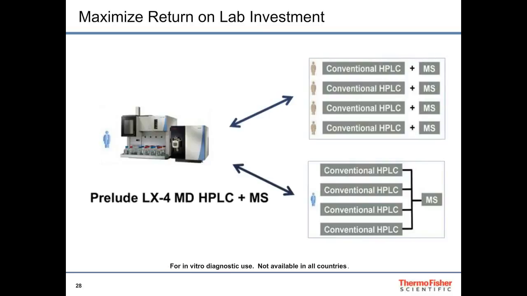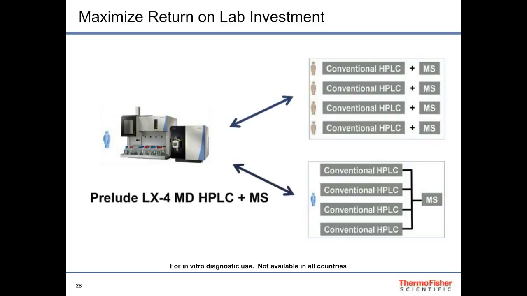The economic advantage of multi-channeling systems is obvious. Rather than make a huge capital investment for 4 individual LC-MS systems, which take up a lot of space and resources, you can make a smaller investment for a single Prelude LX4 MD HPLC and Endura MD mass spectrometer.